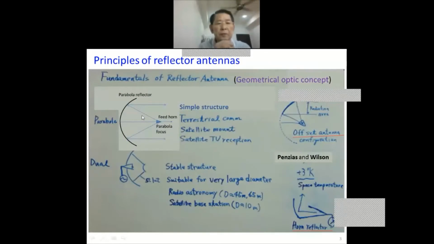First of all, the principle of beamforming and high gain. This is the most typical reflector antenna. The feed is at the focus of this parabola. I think this is a geometrical optics concept.